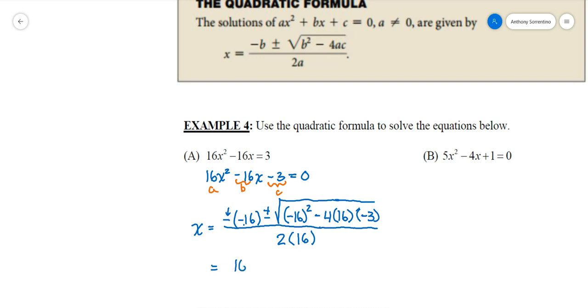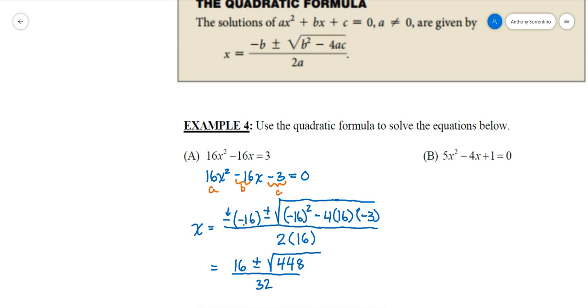That's going to be 16 plus or minus the square root of negative 16 squared is 256. And 256 minus 4 times 16 times negative 3 is 448. 2 times 16 is 32.